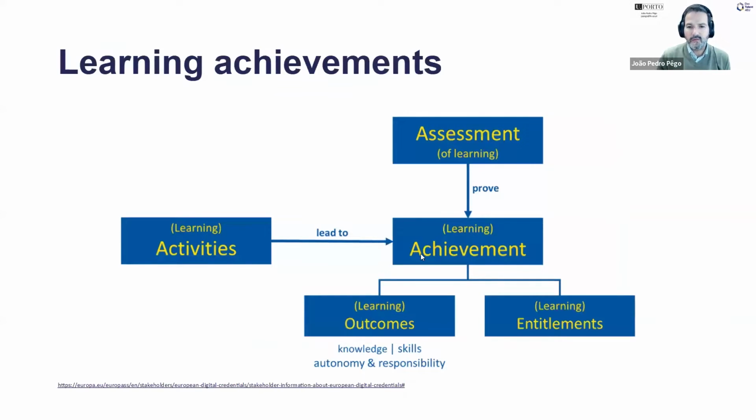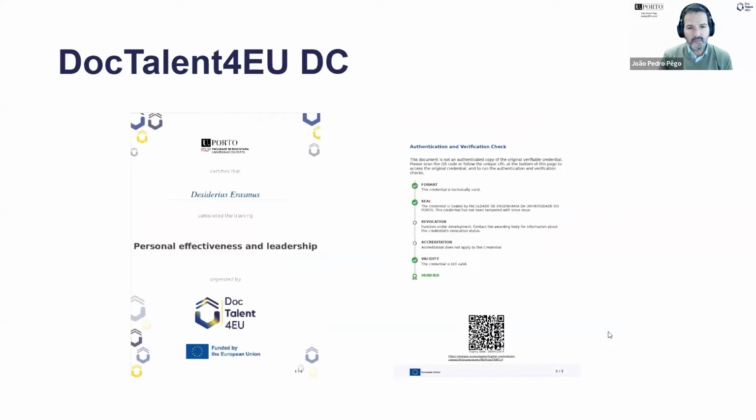In order to have a learning achievement completed, you need to be assessed by some means that prove you reached these learning outcomes. And obviously, to learn, you need to have activities that lead to the completion of the achievement. And then after you have achieved something, you can prove your learning outcomes. And if you want to be more complex, you can prove the entitlements you have. So these are the basics of EDCs.